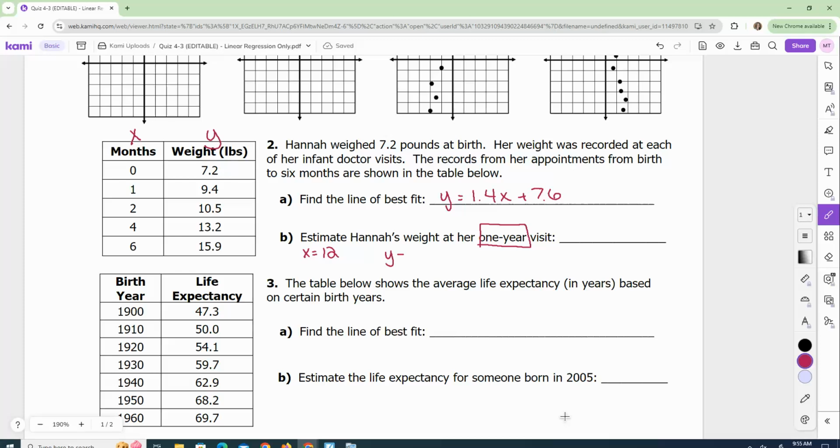So Y equals 1.4 times X, which is 12, plus 7.6. And you're welcome to put all of that directly into your calculator.